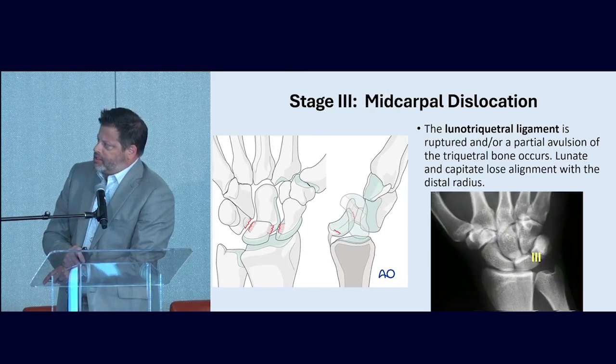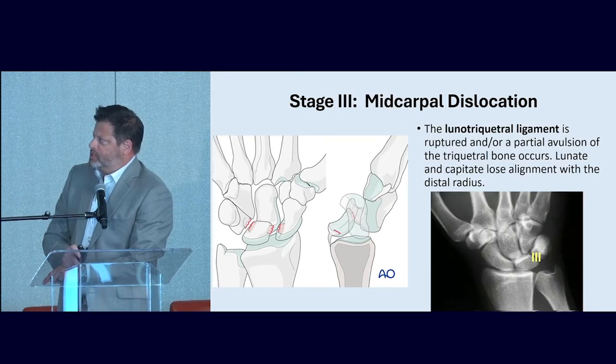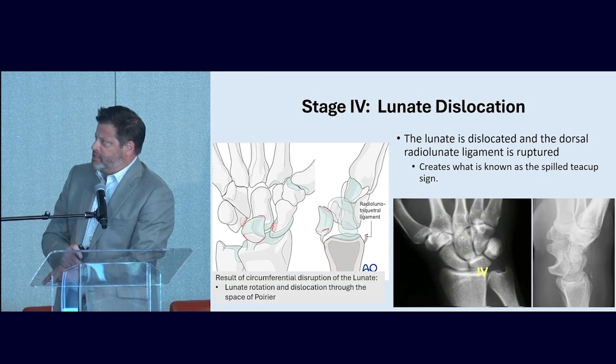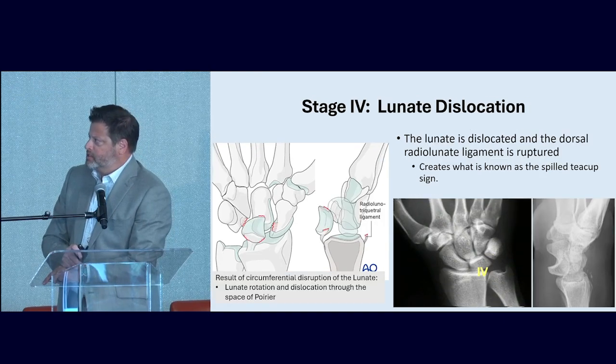Now we move on to stage 3, the mid-carpal dislocation. The lunotriquetral ligament is ruptured, and/or a partial avulsion of the triquetral bone occurs. This is where the lunate and capitate lose alignment with the distal radius, as you can see in the cartoon on the left there. Then finally, stage 4, we have complete lunate dislocation.